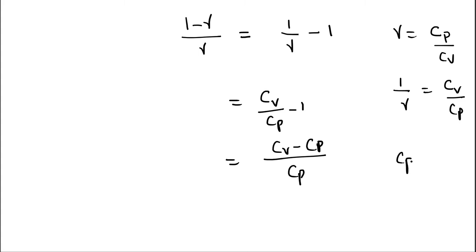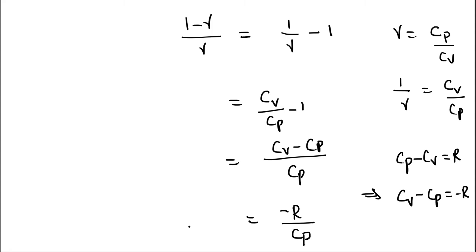And we know Cp minus Cv equal to R, but in the numerator we have Cv minus Cp. That means Cv minus Cp is equal to negative R. So I can replace this Cv minus Cp with negative R, and in the denominator we have Cp. Therefore 1 minus gamma over gamma equals negative R over Cp.